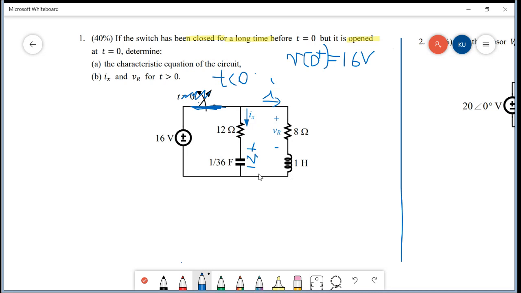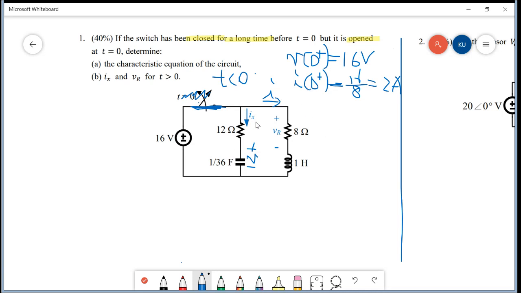For t is 0 minus, the current for an inductor will also be continuous. So we know that I0 plus will be, this is 16 volt, and for steady state, the voltage drop for an inductor will be 0, so it will be 16 minus 0 all over 8, which is 2A.